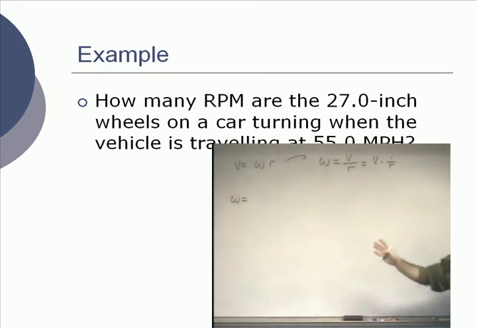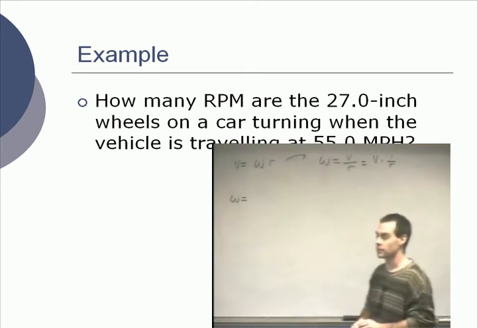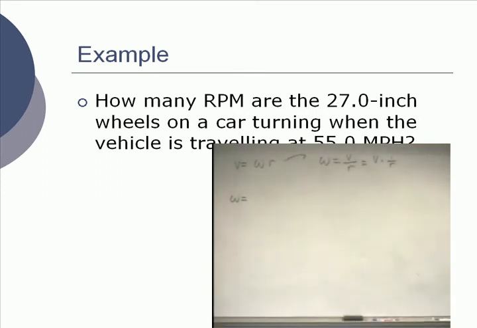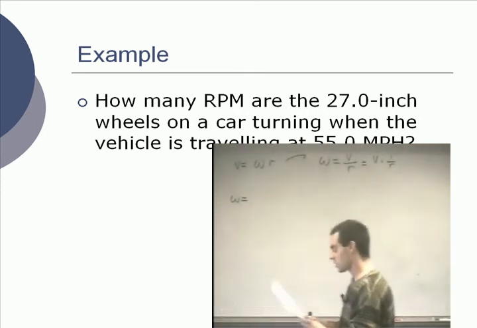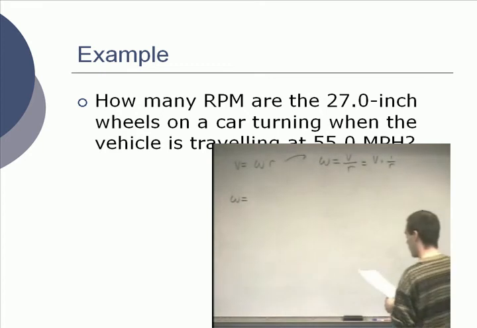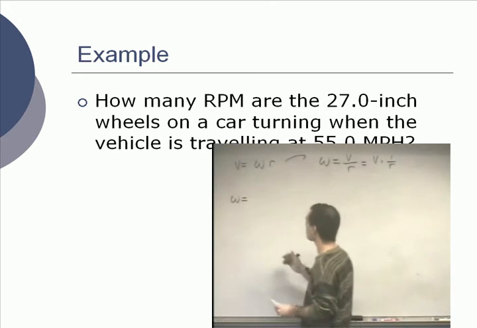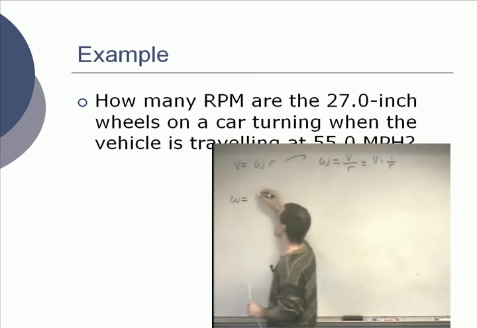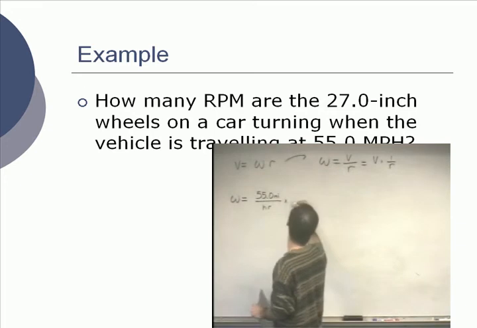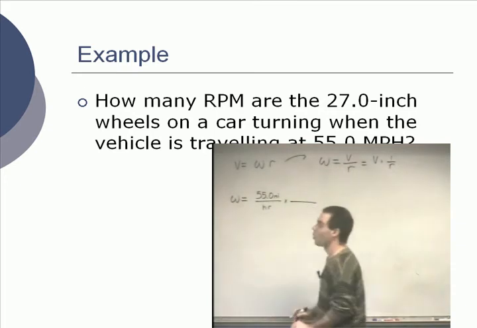That'll allow us to set it up like a conversion like the other ones that we've done. You can set all these problems up as conversions if you just make sure that your units cancel out correctly. So we have our velocity, which is 55.0 miles per hour times 1 over the radius.